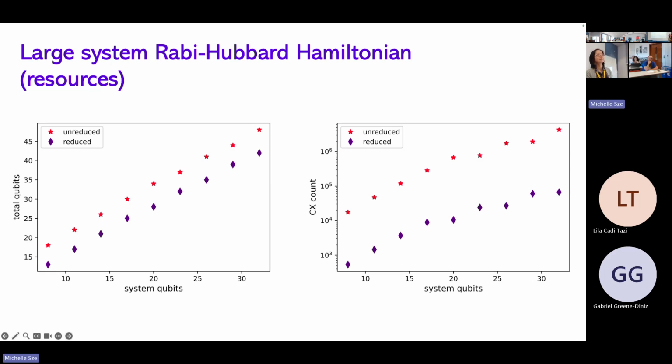Correct. M is the number of time steps, right? Here, no, but you can actually set that M based on the error you want to target.